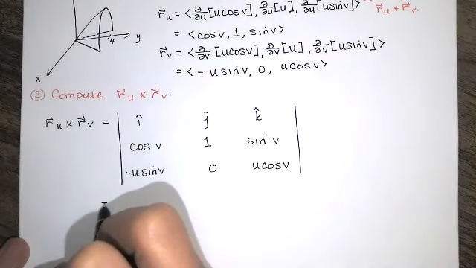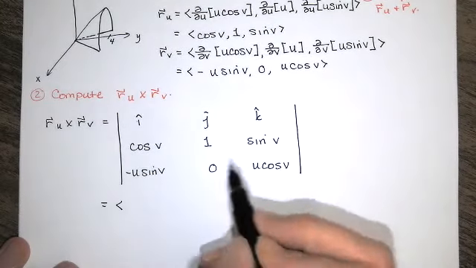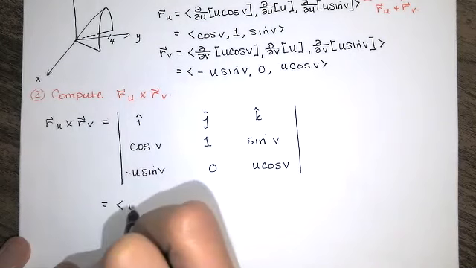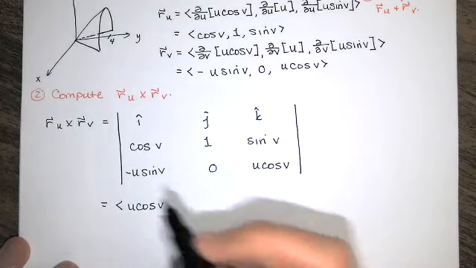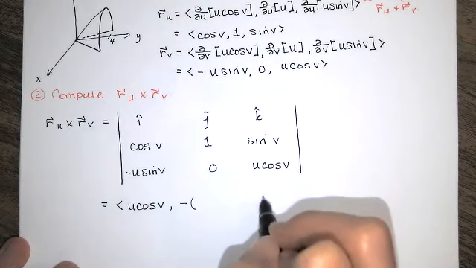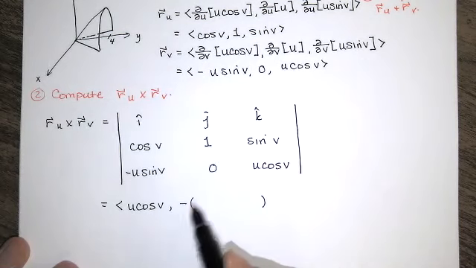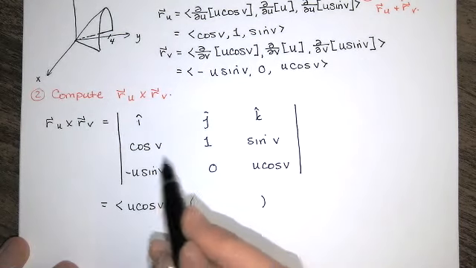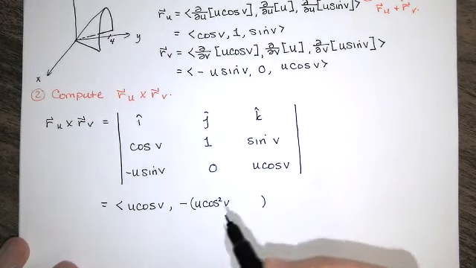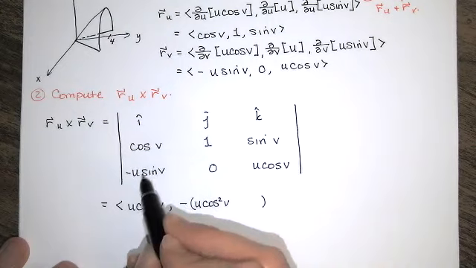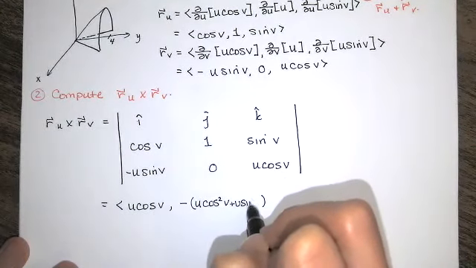So now we cross out this row and this column, we multiply across, and we get u times cosine of v. Then we subtract this times this, that's 0. Then for j hat, you always subtract. So cross out that row and that column, put a minus there. Then you do this times this. I've got a cosine times cosine, so I'll have a u times cosine squared. Minus, I'm subtracting a negative, so that's going to be adding u times sine squared.